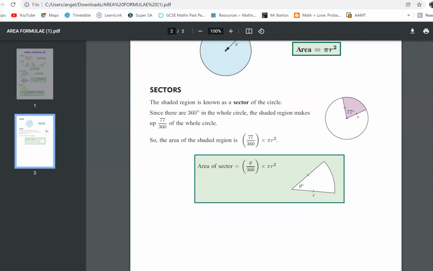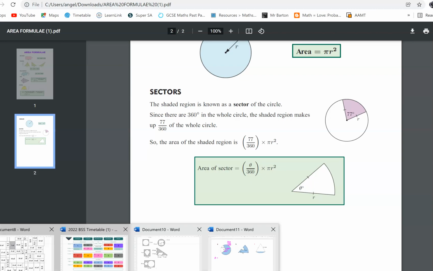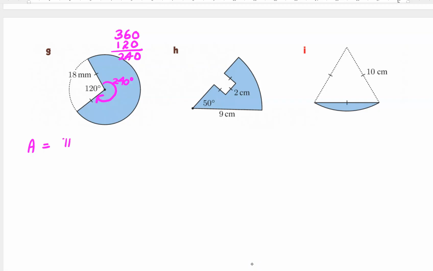So we go back, we double check, oh yes, this is the sector. Now instead of being the little sector, we've got a massive sector there, so your theta is a big one. So we're going to write that down. I'm going to say pi times radius squared, times theta over 360.